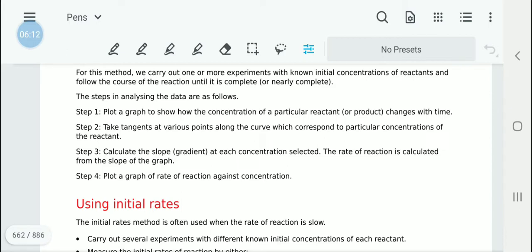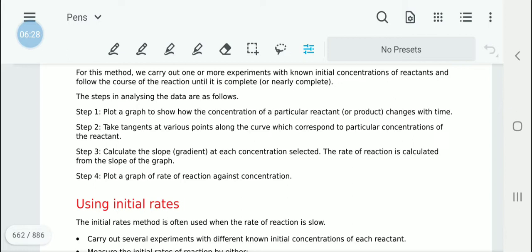Then we plot a graph to show how the concentration of this particular reactant or the product, you can take either, as we discussed at the beginning of this lesson, changes with time.